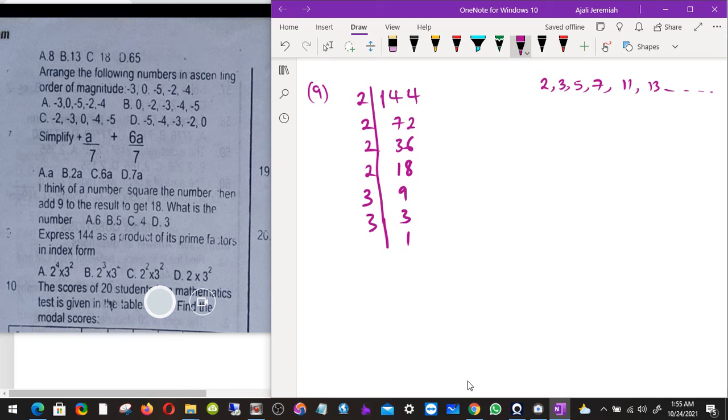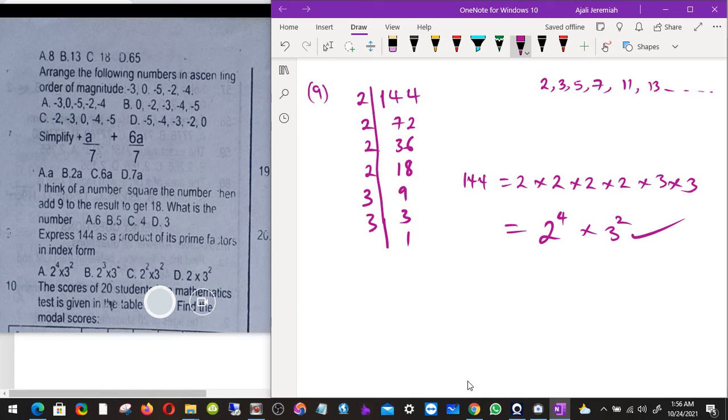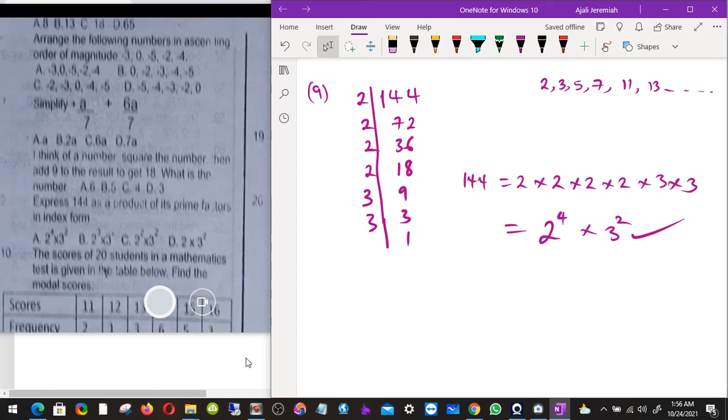Okay, so it means 144 is equal to 2 times 2 times 2 times 2 times 3 times 3, and that is 2 raised to power 4 times 3 raised to power 2 in index form. I think that's option A.